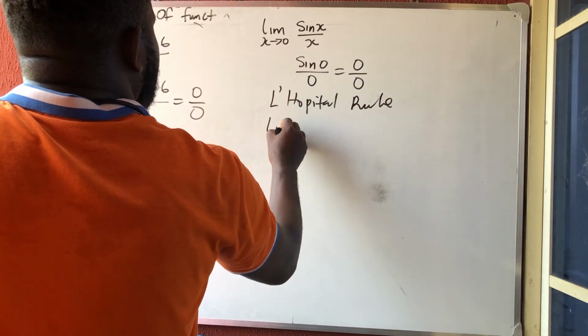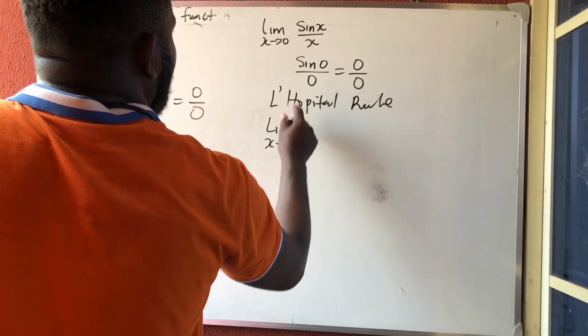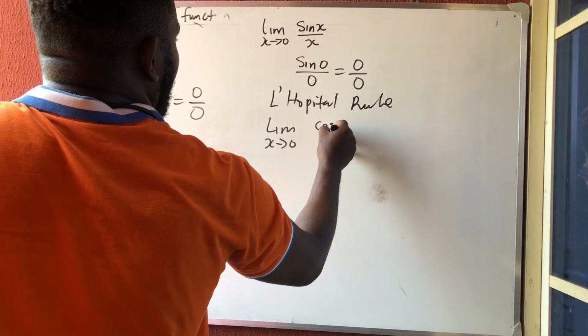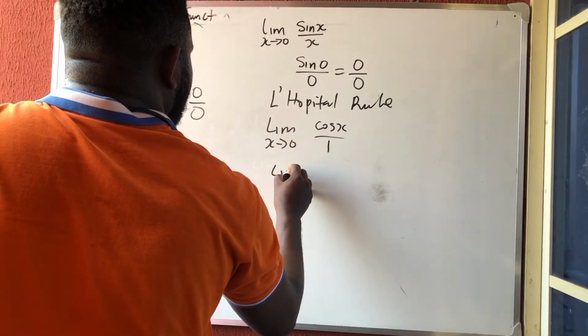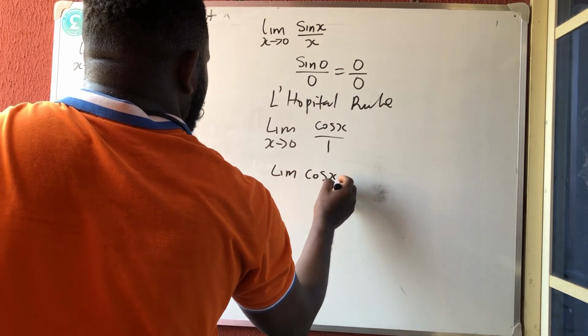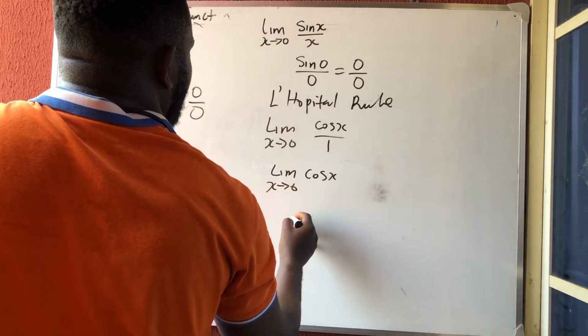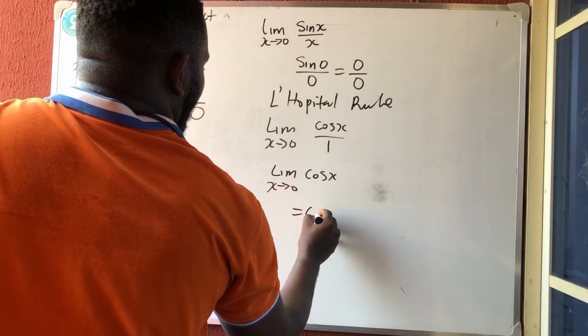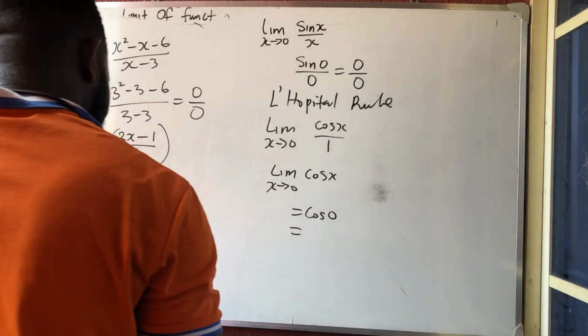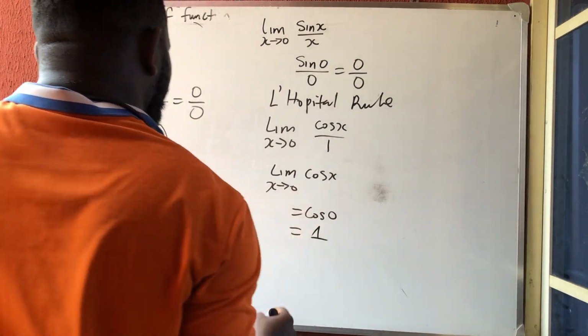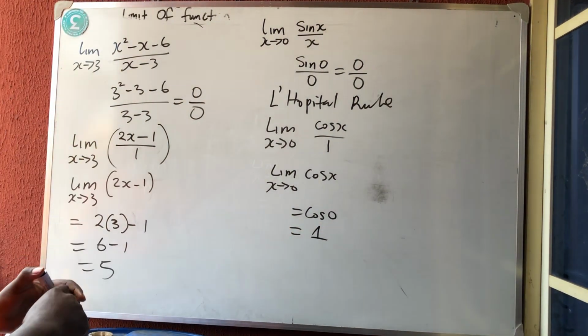So let's do that. The limit as x approaches 0 of, differentiation of sine x is what? Cos x. And differentiation of x is what? 1. So this is simply the limit of just cos x as x approaches 0. So what do we have? Cos 0. And what is cos 0? I think cos 0 is 1, right? Yes, cos 0 is 1. Okay, so that is that.